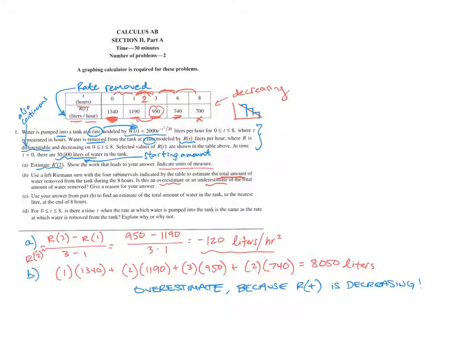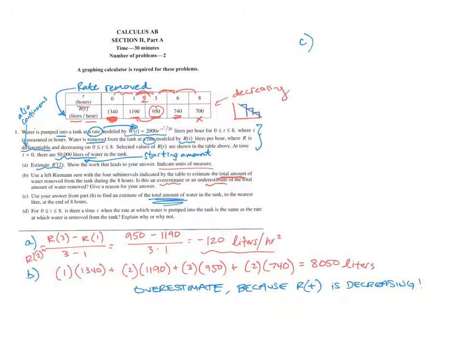Number C. Use your answer from part B to find an estimate for the total amount. All right, this is the big money question here. Find the total amount of water in the tank at the end of the 8 hours. Whenever we do this question, we need to understand everything that's going on with this tank. We started with a certain amount of water in this tank.